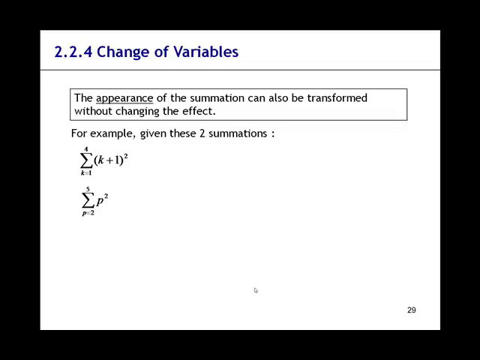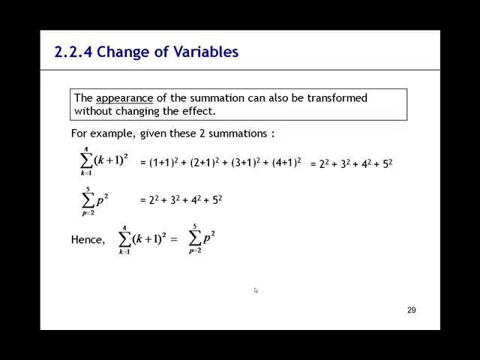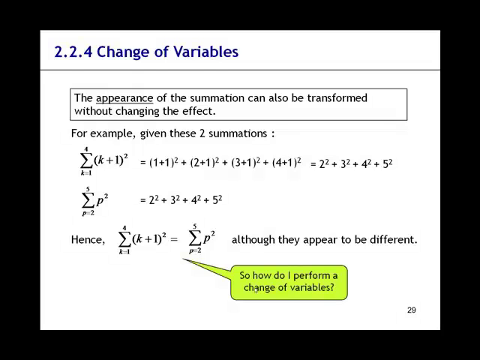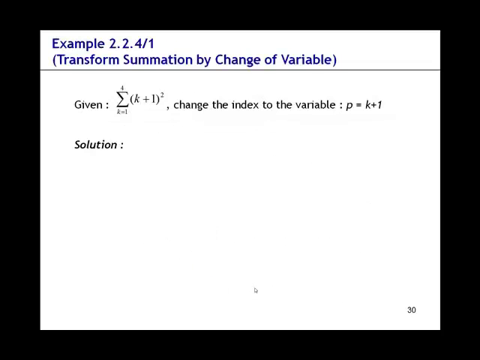But if you were to expand it, you actually get the same answer. So this is what change of variable actually entails. We change the look of the summation, but we essentially get the same answer. So how do we do that? We will talk about it in the next slide.